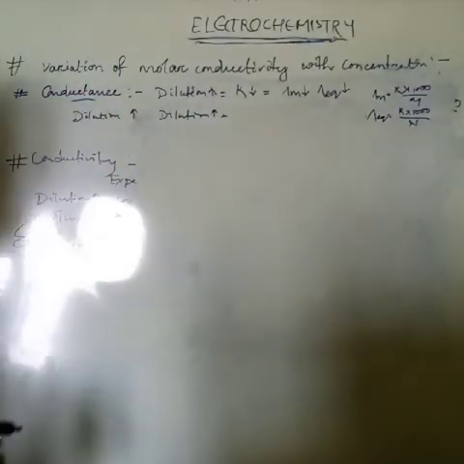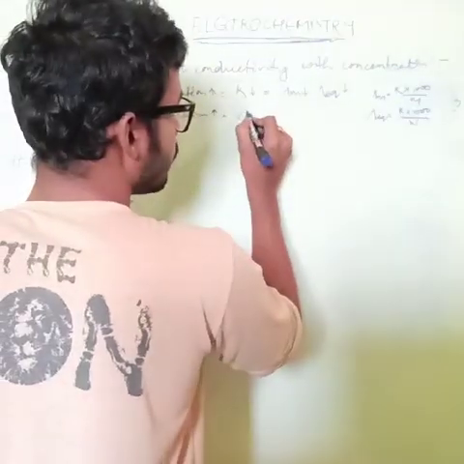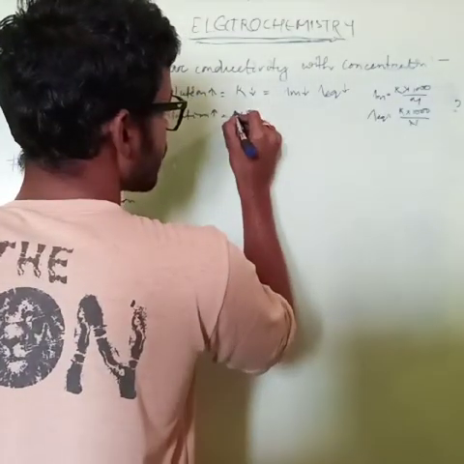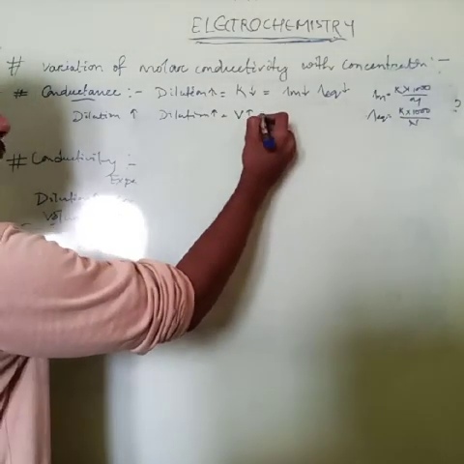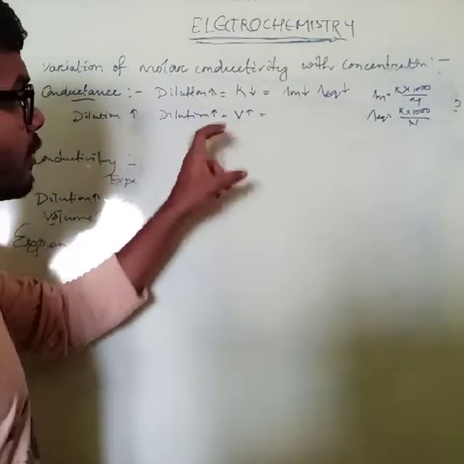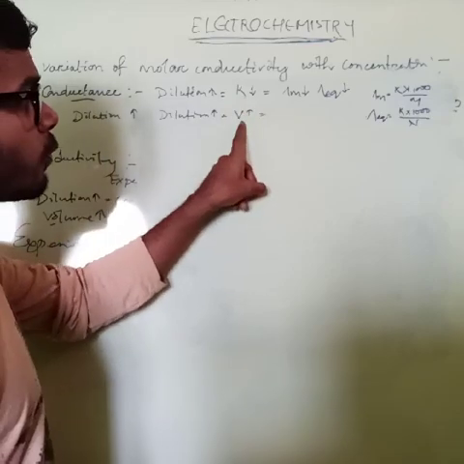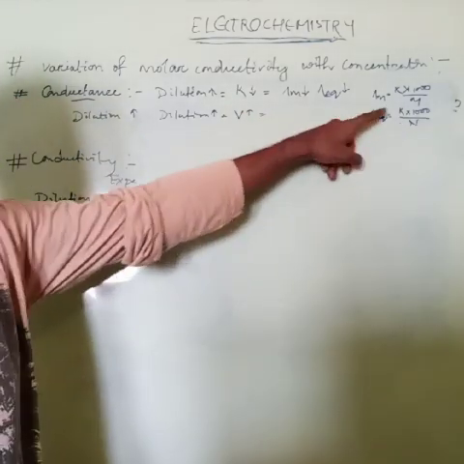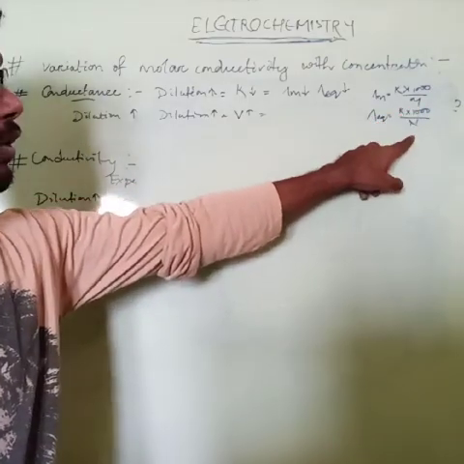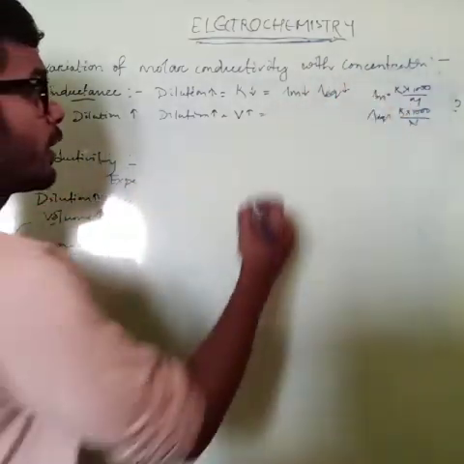So obviously it also depends upon the molarity and normality, the concentration of the solution. So on dilution, what happens? The volume increases. If dilution increases, volume increases. Volume increases means the concentration, normality and molarity, what happens to these?